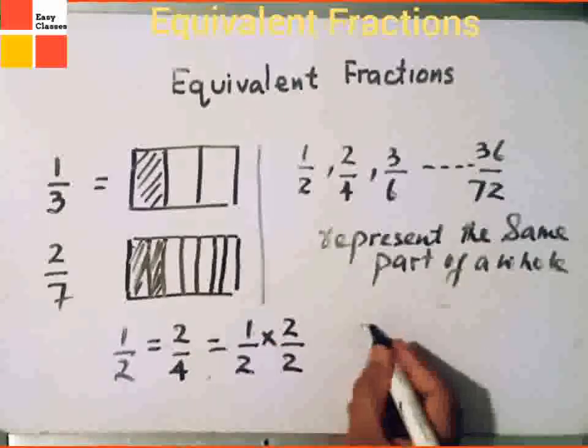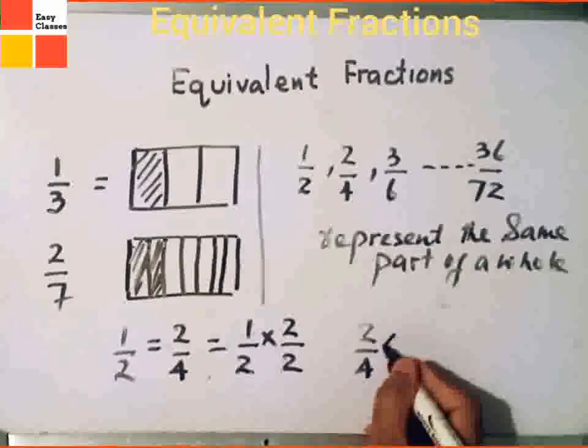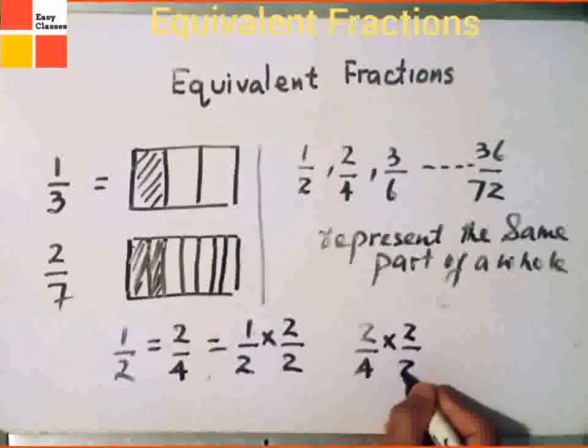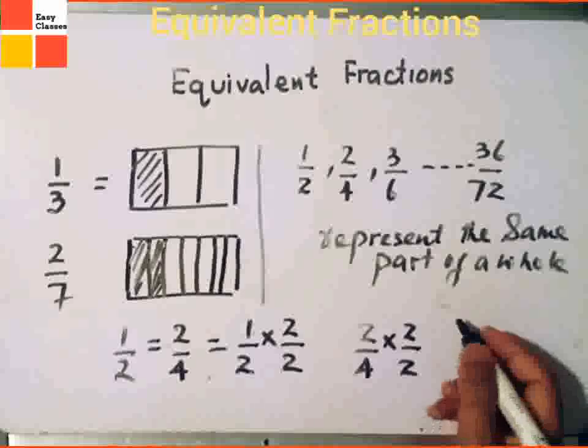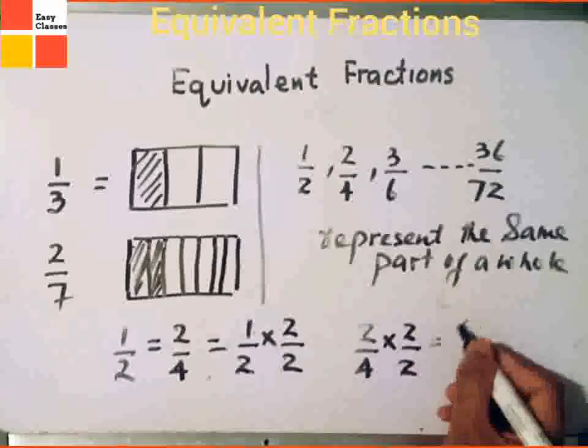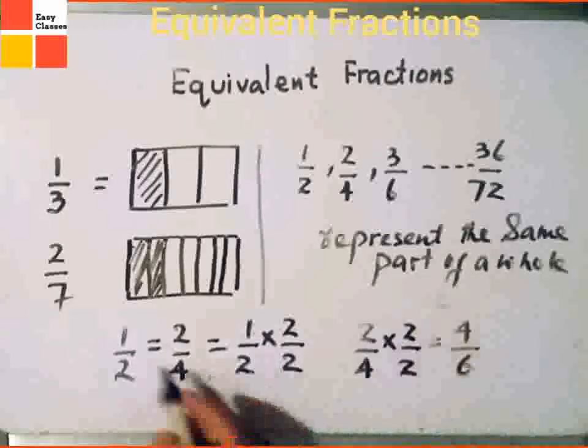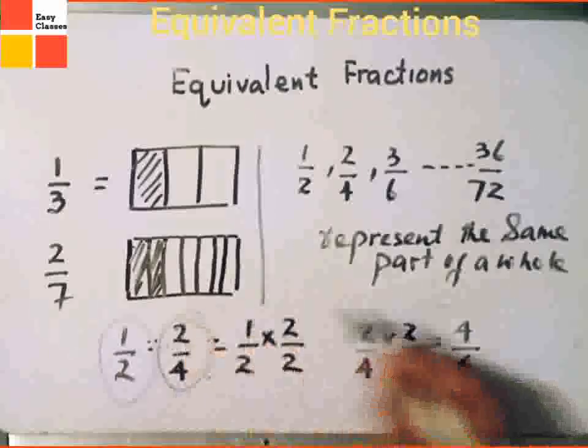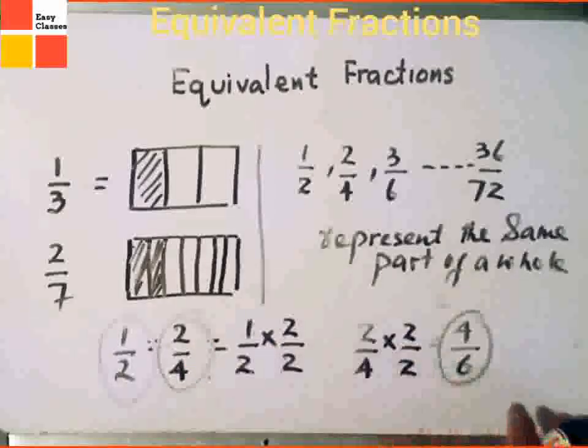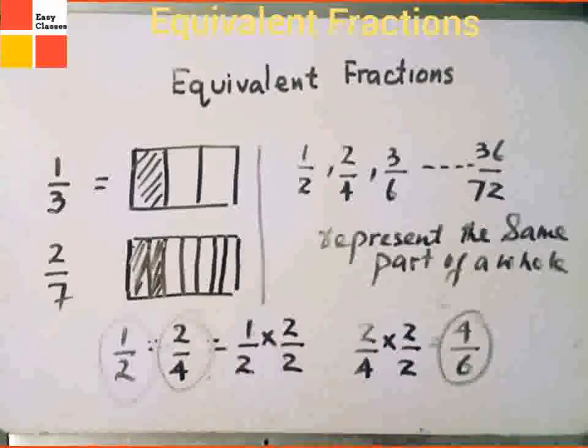If we again multiply this 2 by 4 by the same number in its numerator and denominator, we get 2 twos are 4, 2 threes are 6. That means 1 by 2, 2 by 4 and 4 by 6 are equivalent fractions.